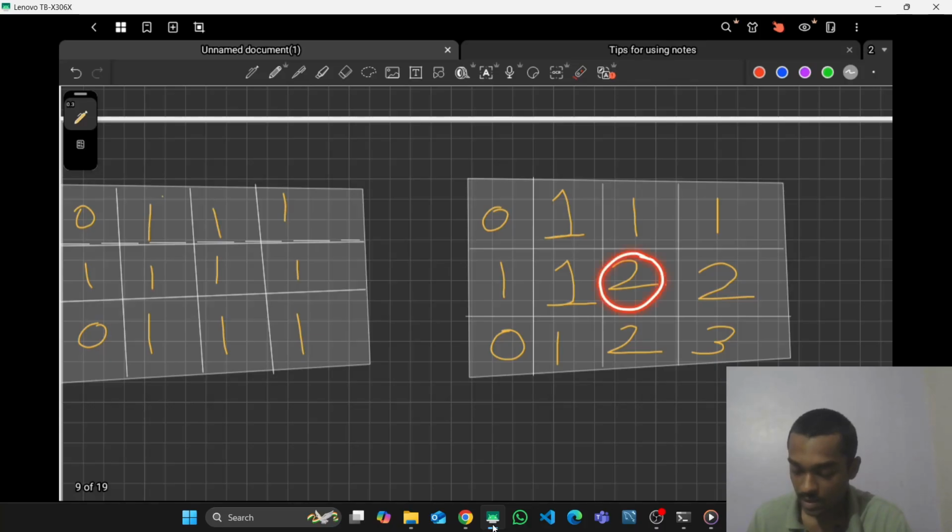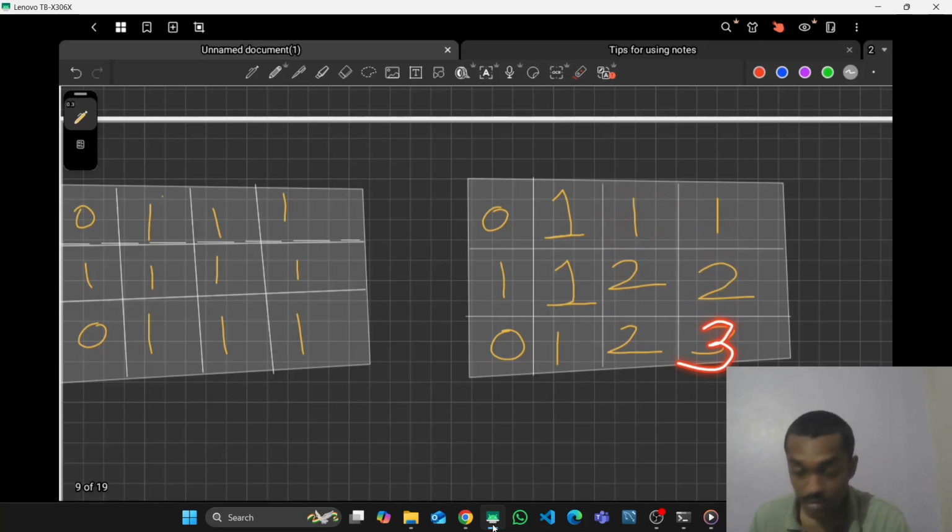For this cell, we have all three filled with ones, that means if we add 1 over here, this is going to be a two size matrix. So if we take the minimum of the 3 and plus 1, it is going to be 2. Also for this, if we take the minimum of these three values, it is 1, and adding 1, it is going to be 3.